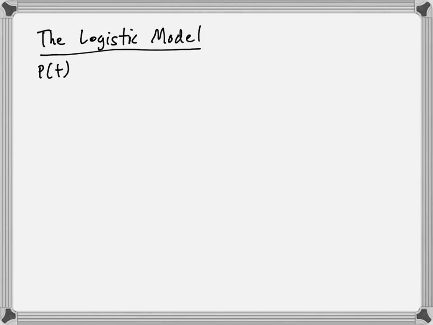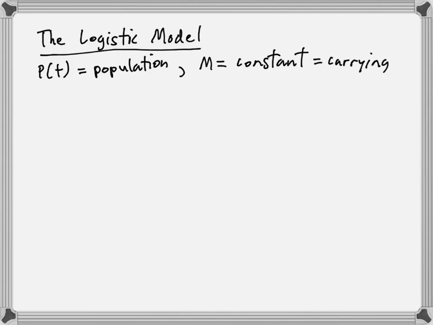P of t is equal to the population, and M is a constant which is equal to the carrying capacity. Think of it as the max capacity that can exist given the space that you have and the resources and all that stuff.